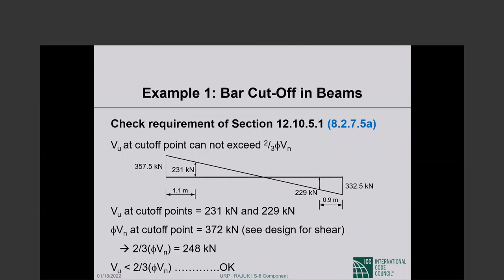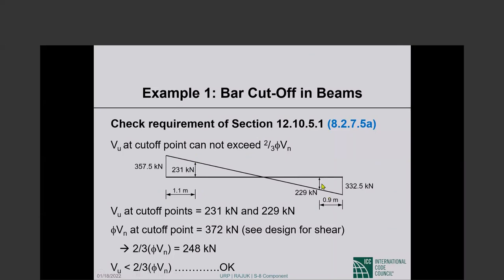So V sub U at cutoff point cannot exceed 2/3 phi times V sub N. V sub U at cutoff point, remember, is 1.1 meters from the left face. And in that location, the V sub U is calculated as 231 kilonewtons.